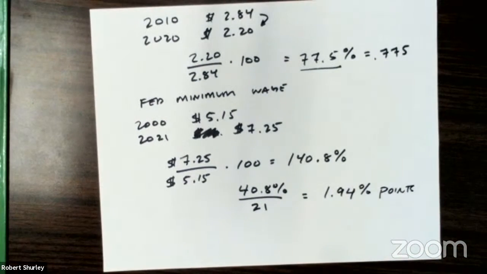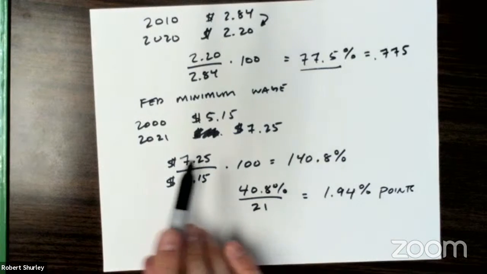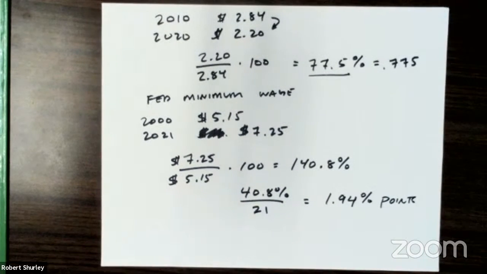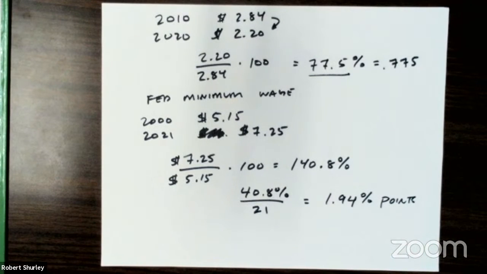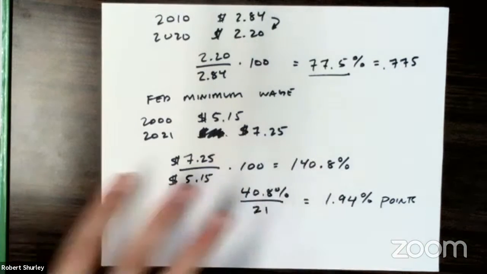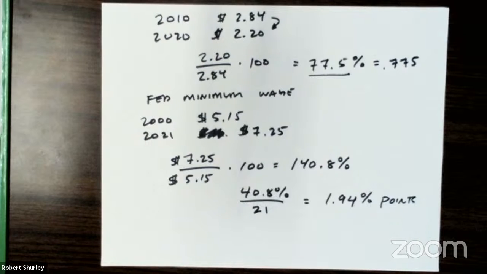And that's when they start arguing. We're going to go into inflation in a minute. We can look back at this federal minimum wage when it comes to inflation, but that's when they start arguing that there's no way this minimum wage is right because in the past there was a higher value on it. We'll get to that when we get to inflation.